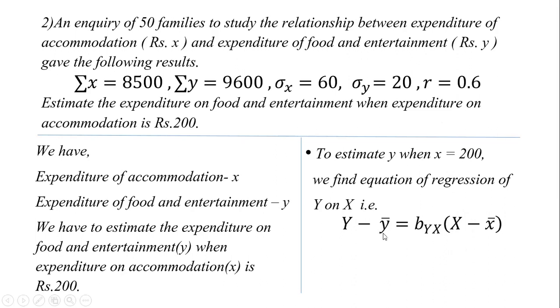So finding x bar, y bar and byx, and using this value of x, we can find the value of y directly. But let us first find the regression equation, and then we substitute x is equal to 200 in that equation. We require the values of x bar, y bar and byx. These three things we are going to find.